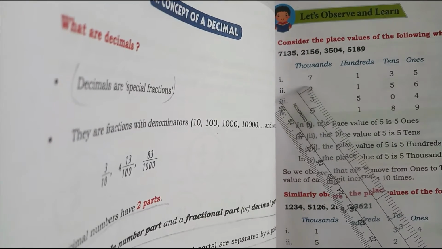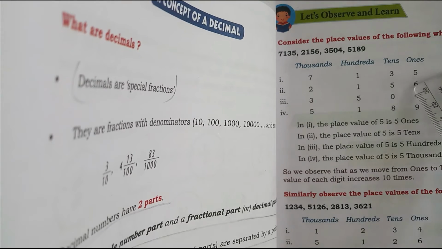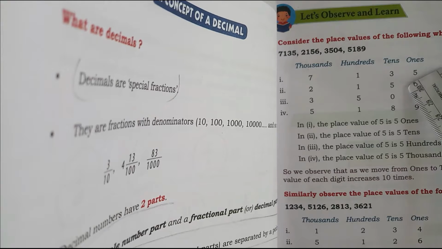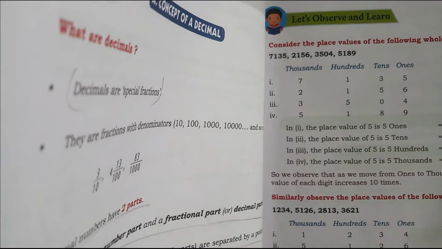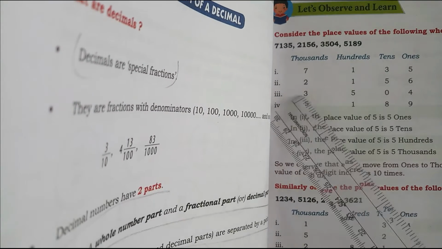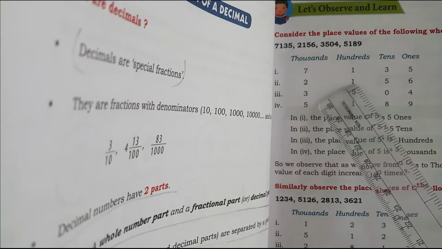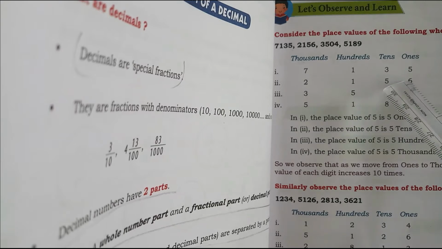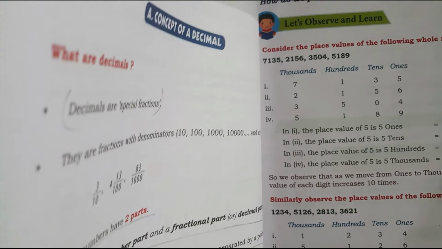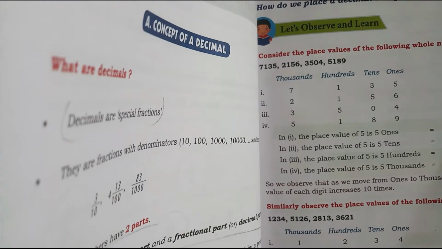Now we shall see the first number, 7135. The place value of 5 is 5 ones, that is 5. Now in the second number, 2156, the place value of 5 is 5 tens, that is equal to 50.